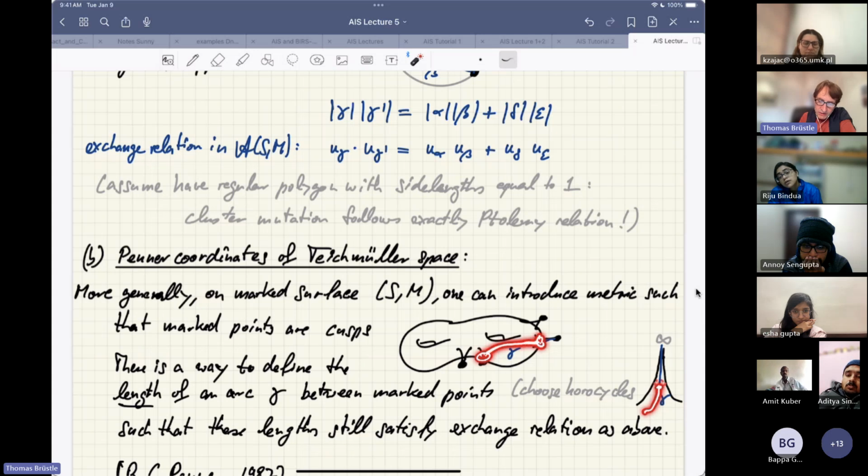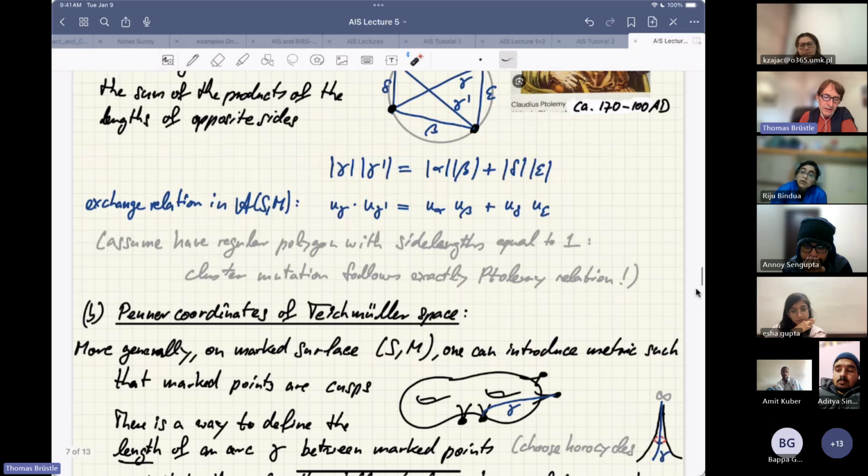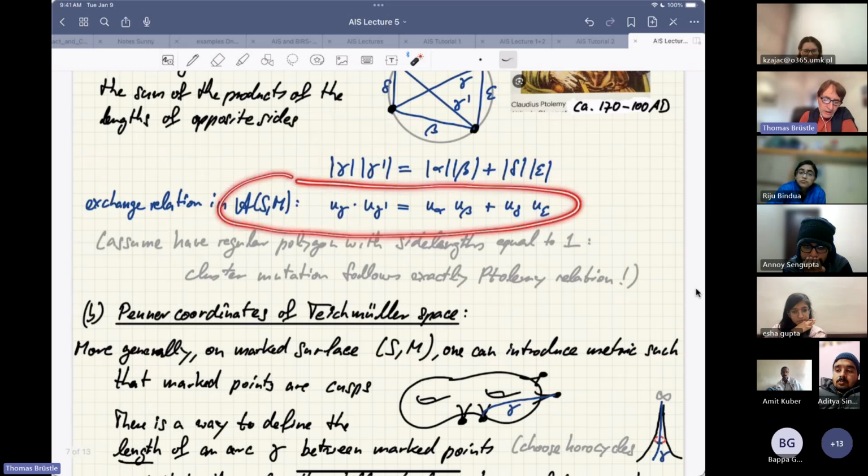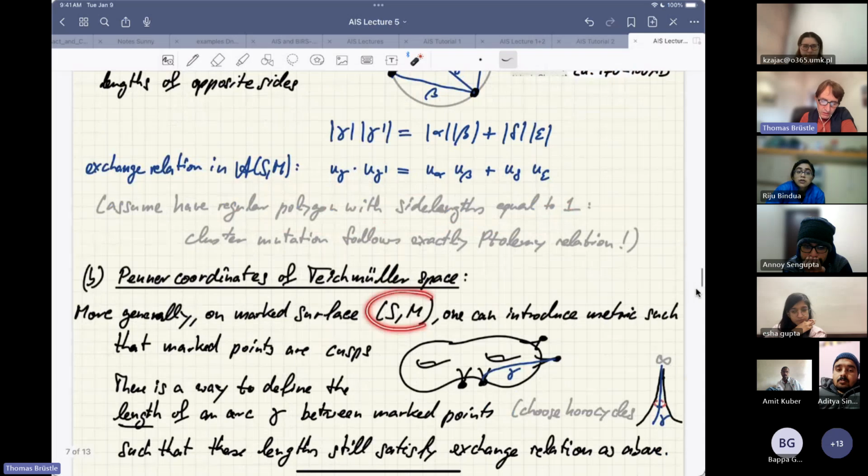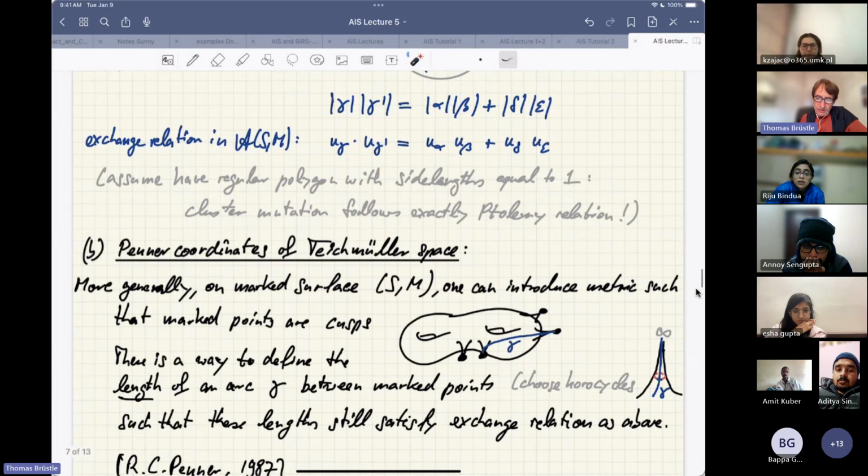And those systems of lengths, up to some normalization, satisfy the same equation. That's what he showed. So those equations that govern the mutation of cluster variables for the cluster algebra given by a marked surface can be realized geometrically using Penner's metric and Penner's method to cut those arcs so that they have finite length.